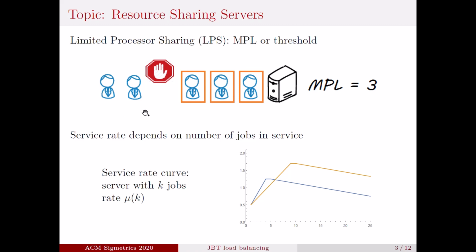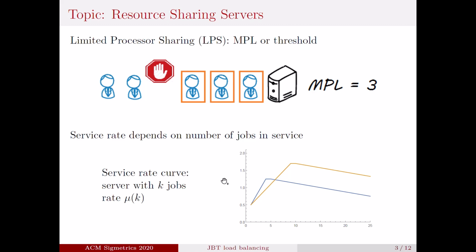The second property of a resource sharing server is that the service rate depends on the number of jobs in service. So if mu k is the rate of the server, then this will depend on the number of jobs in service, which is k. The idea behind the service rate curve is that in practice you need enough jobs to fully utilize the capacity of a server.